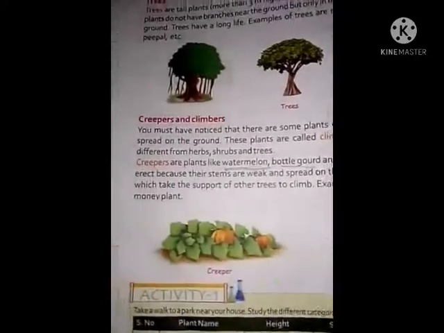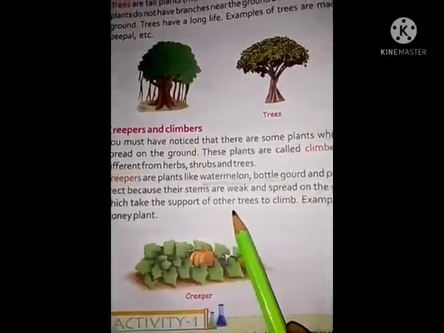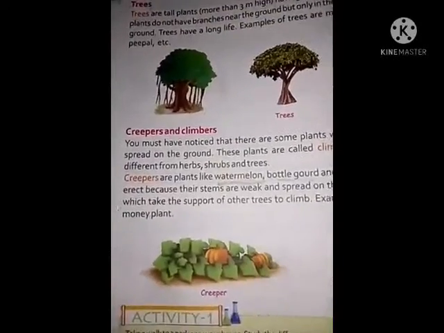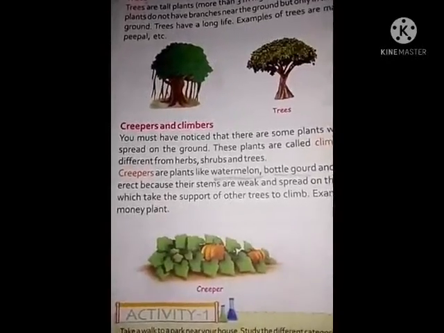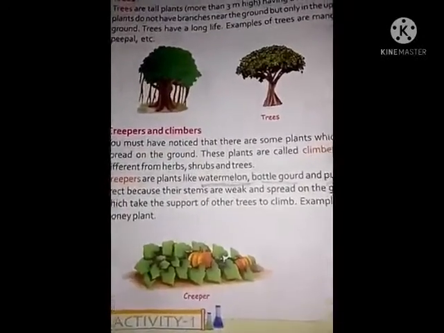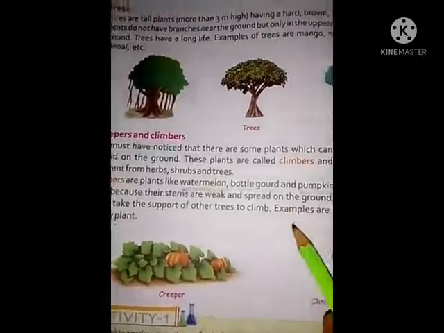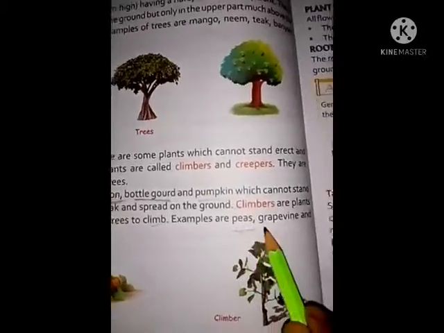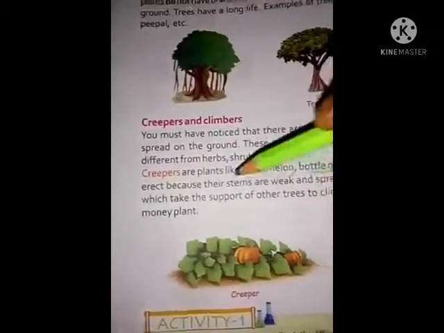Climbers are plants which take the support of other trees to climb. Climbers means to climb, so they take help or support of other trees to climb. Okay, examples of climbers are peas, grapevine and money plant.